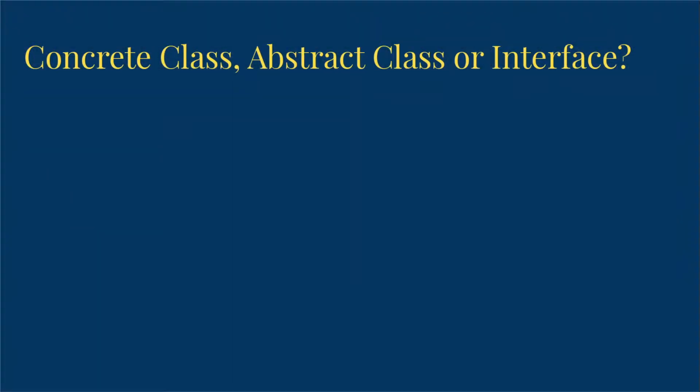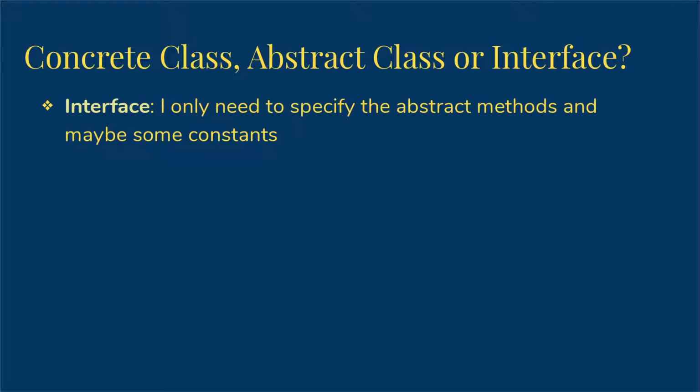So before I end this video, I do want to talk for just a minute about how you pick. If I'm making a class or interface to be a parent for other objects, should it be a concrete class, an abstract class, or an interface? How do I decide? If all I need to specify are the abstract methods and maybe some constants, that's all I've got.